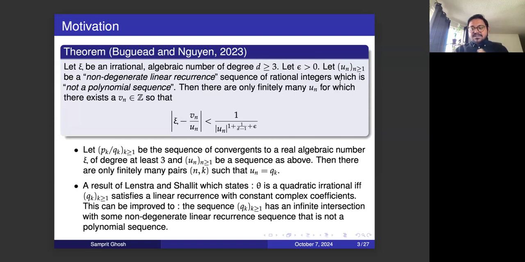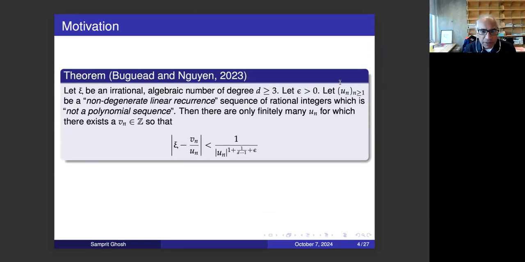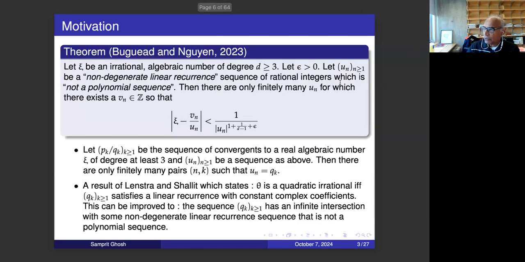This motivated us to look at one of the questions that the authors, Bugeaud and Wen, ask in their theorem. Samprit, could you go back to the previous slide? Are you saying that your statement about the q_k is equivalent to the previous one?